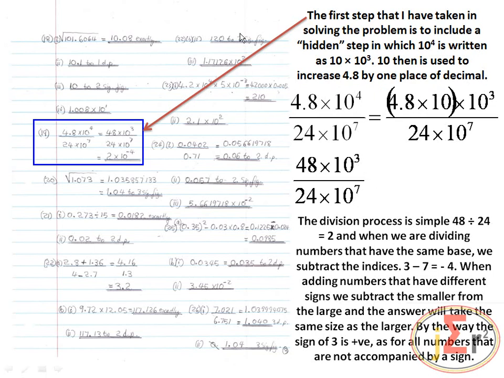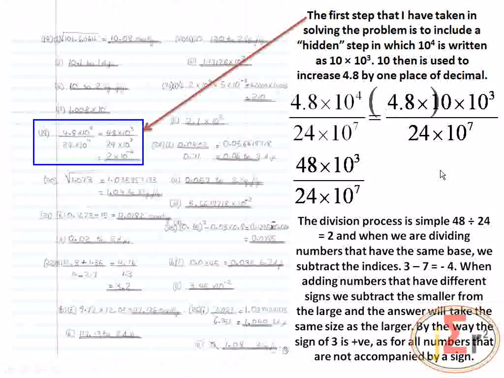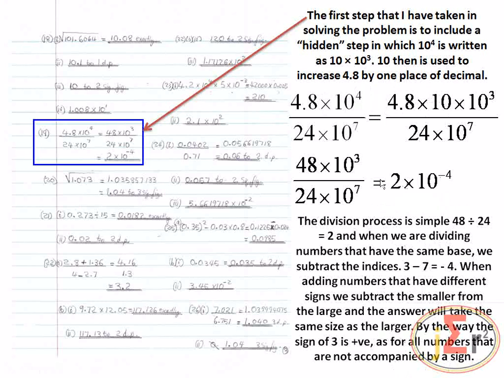Of course, I am highlighting this to show that all we are doing with this 4.8 times 10 is 48, and that's all there is to it. 2 times 10 to the negative 4. Nice.